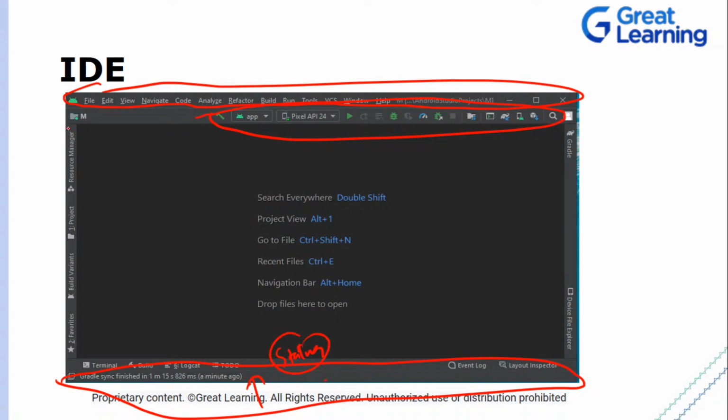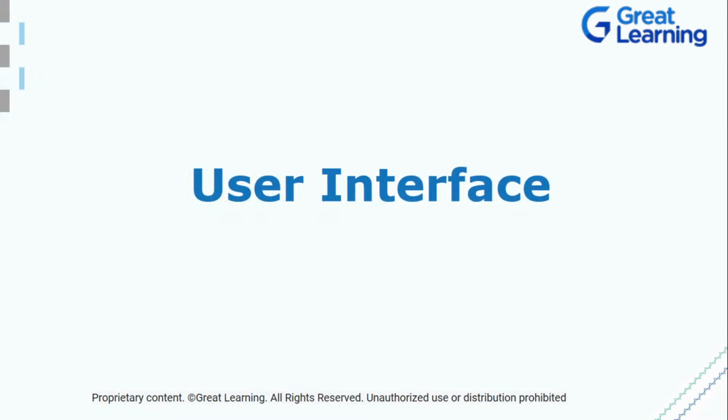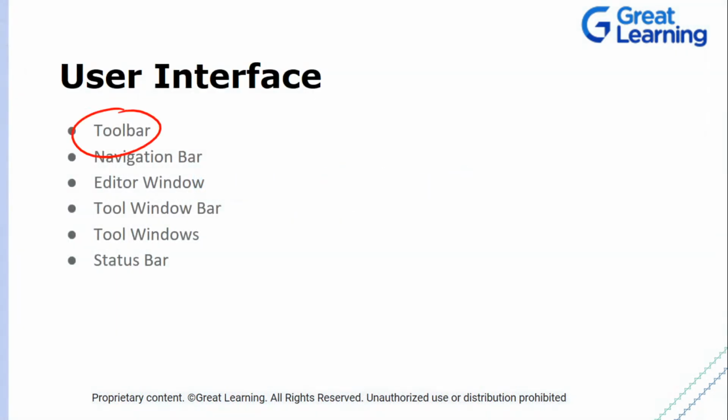Now you see this thing over here. From this side you have resource manager, project, build variants, favorites, and Gradle. All of this window is known as the tool window bar. Let me quickly show you. This is your toolbar I was talking about.